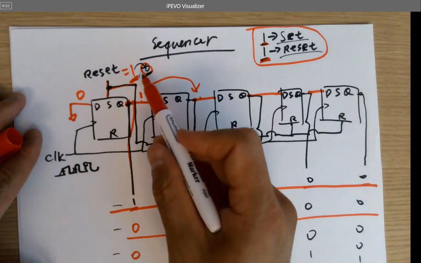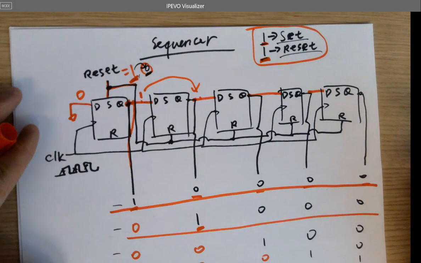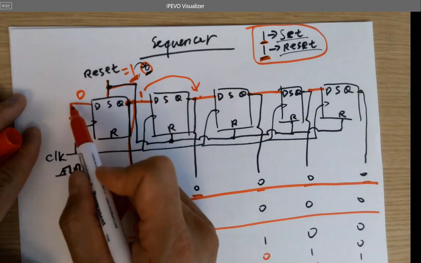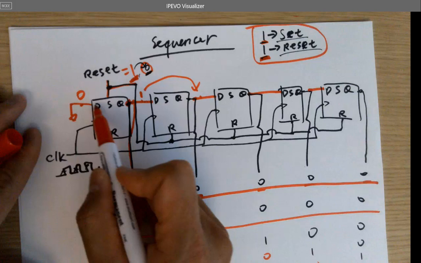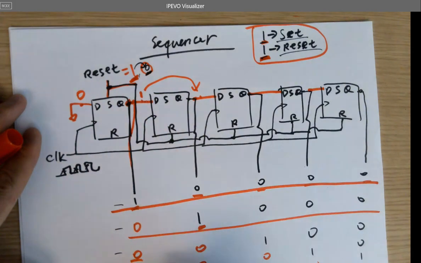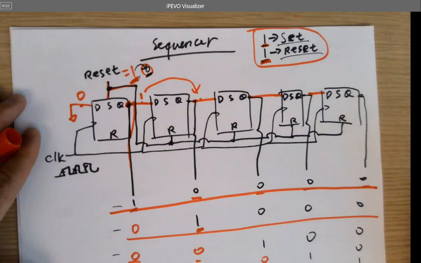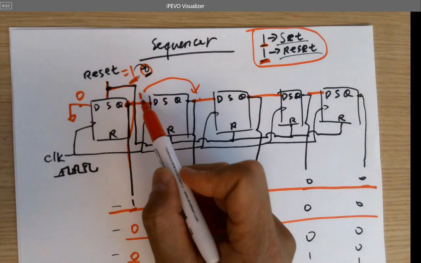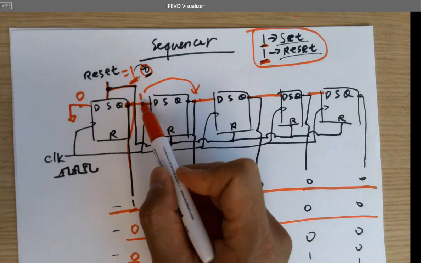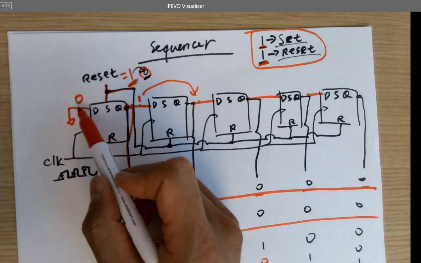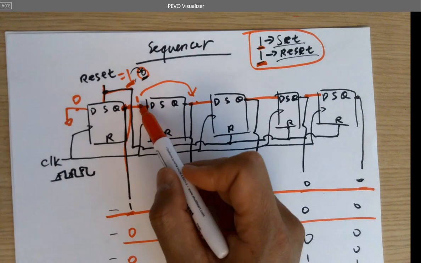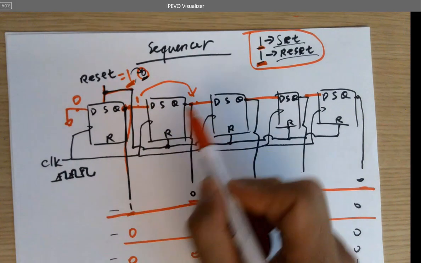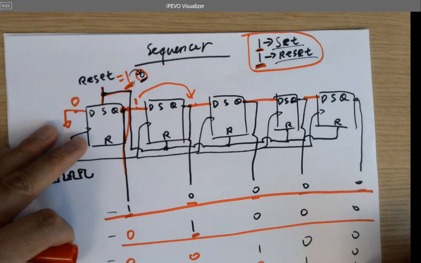So whenever the clock comes, you're getting new zeros, providing a 0 to all of the stages. There's only one 1 here, and it's being replaced by 0 every cycle. So only one 1 will be shifted to the right until here.